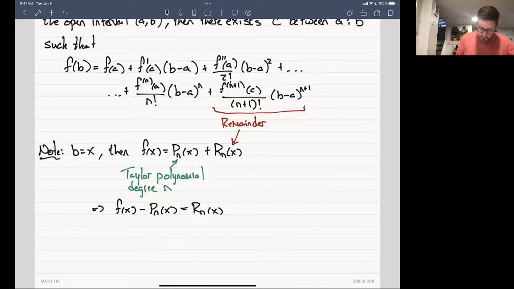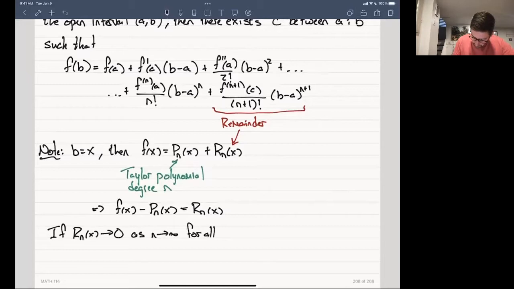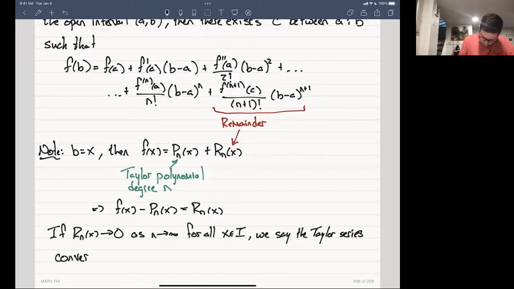Now, the other thing that we can say here is that if the remainder goes to 0 as n goes to infinity for all x in I, we say the Taylor series converges for f, or to f, on I. Right?